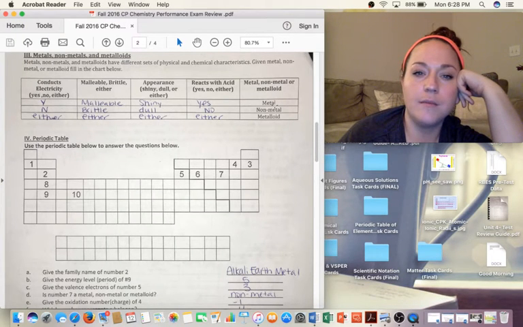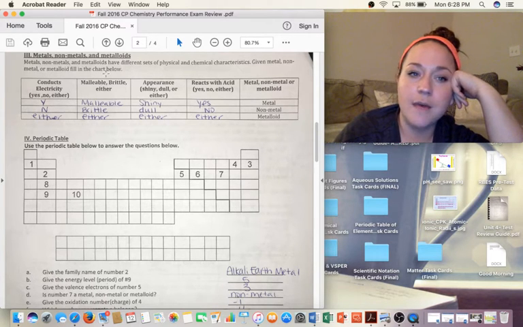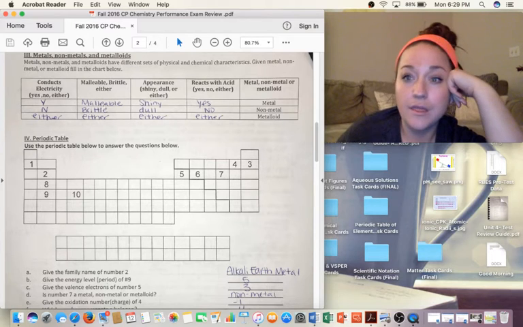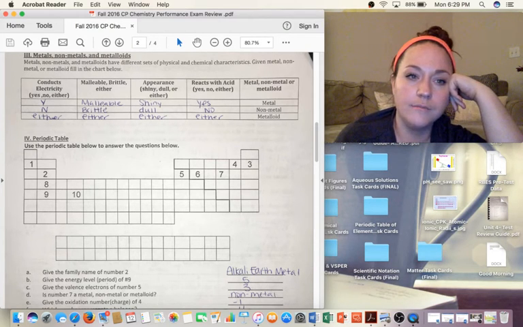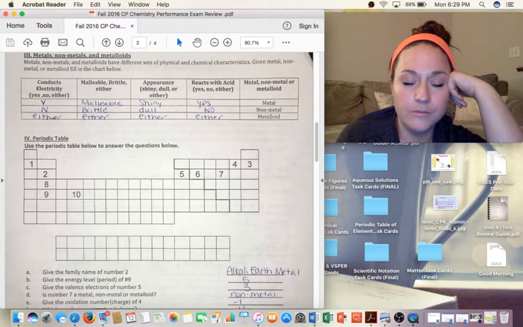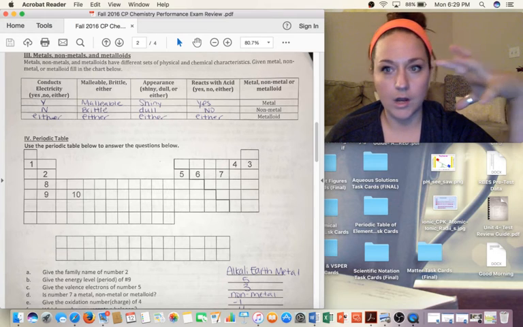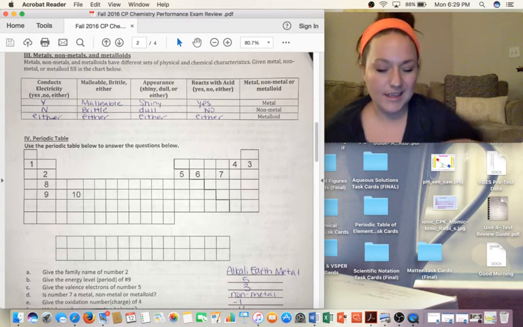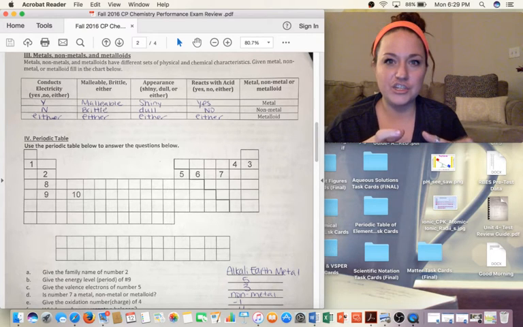So first one, metals. Can they conduct electricity? Yes, they can. All right. Are they malleable, brittle, or either? They're malleable, which is bendable, moldable. Something real cool fact, I think at least, when you have completely raw 100% sodium, it comes almost like a clayish brick, and it looks really weird.